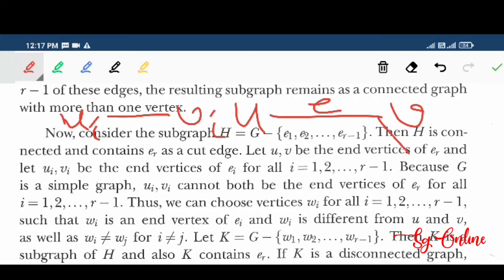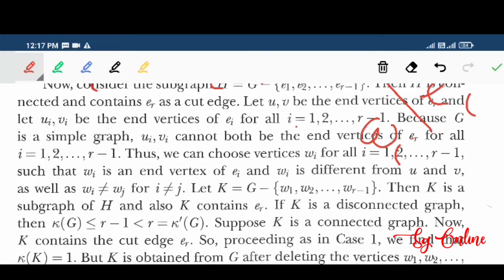But even if EI is an edge that has a common vertex with E, then also I can choose the other endpoint of this EI which is not common to E. So Wi for each EI is such an endpoint of EI which is not common to U and V. We can also choose Wi to be all distinct, but we will see later that it is not essential to make Wi distinct.